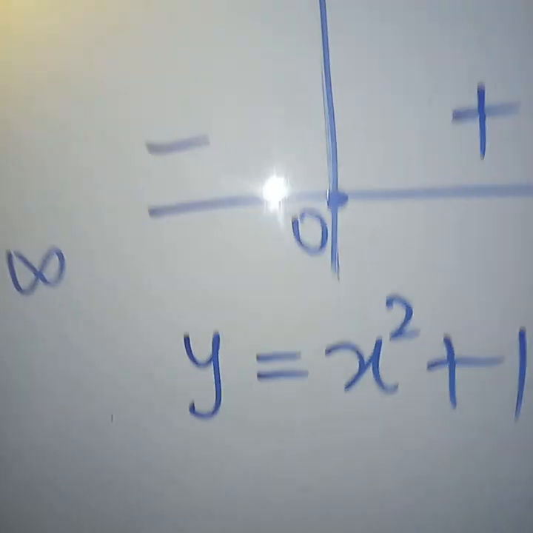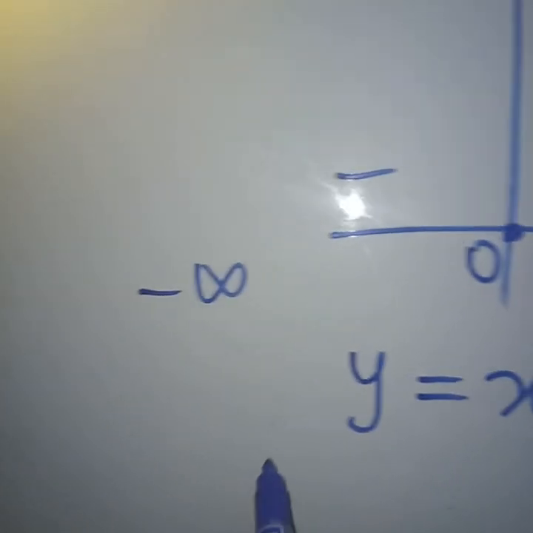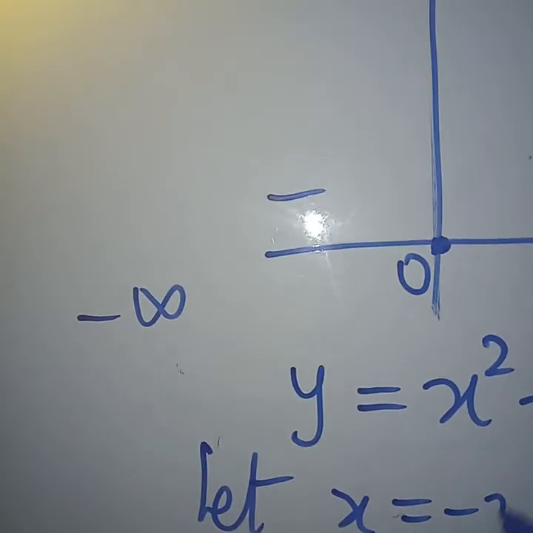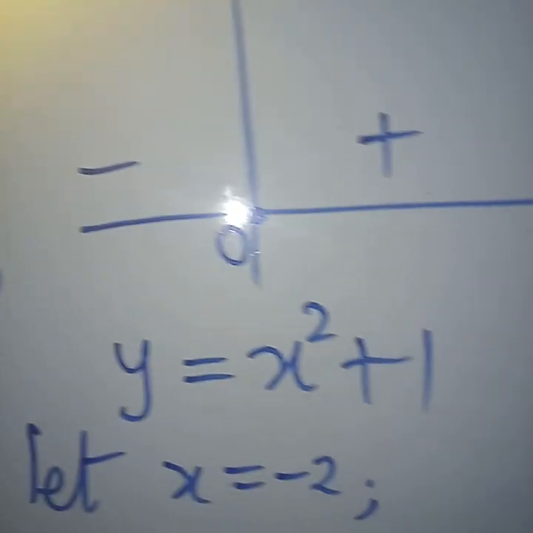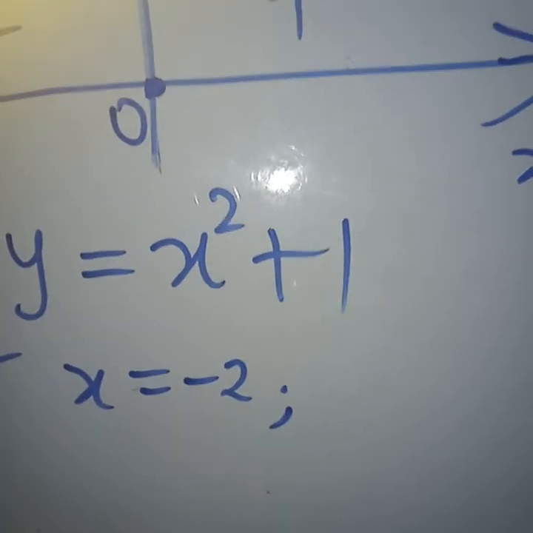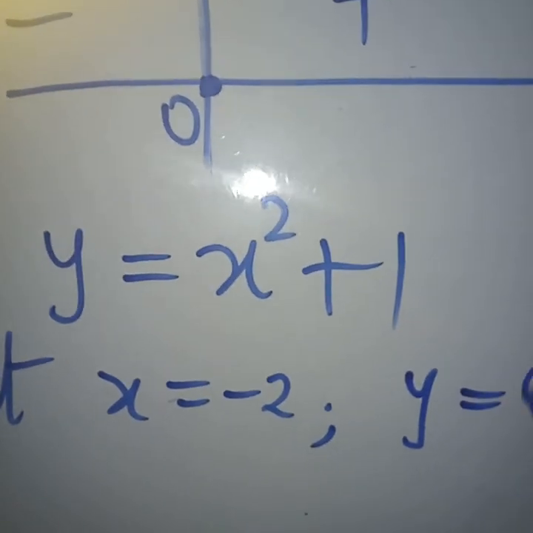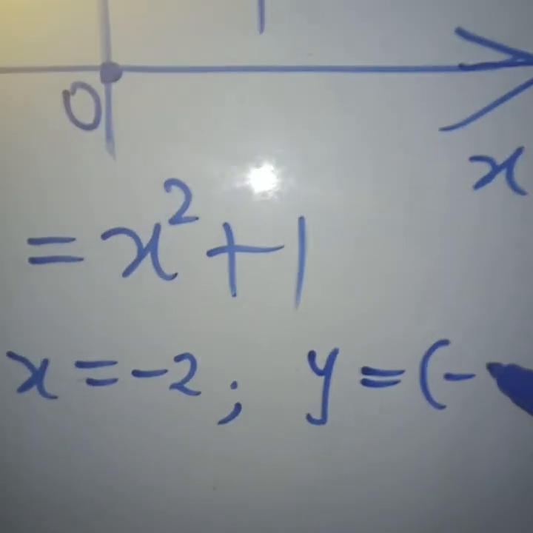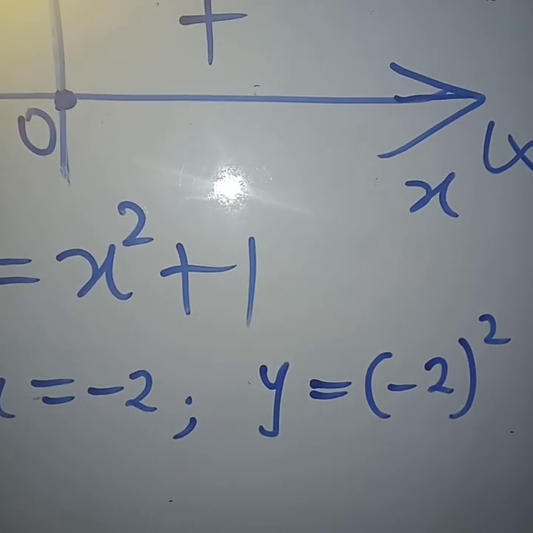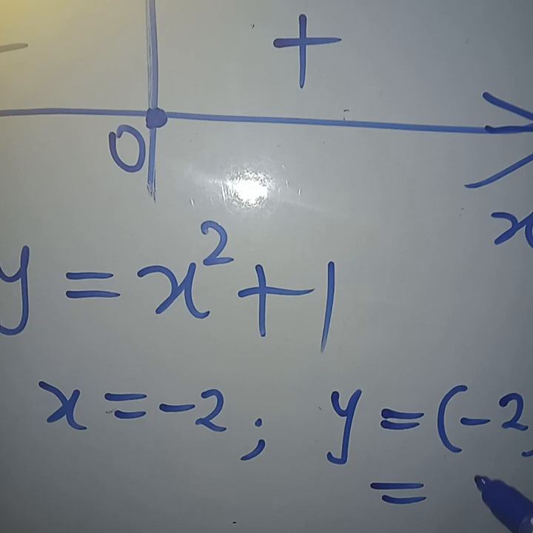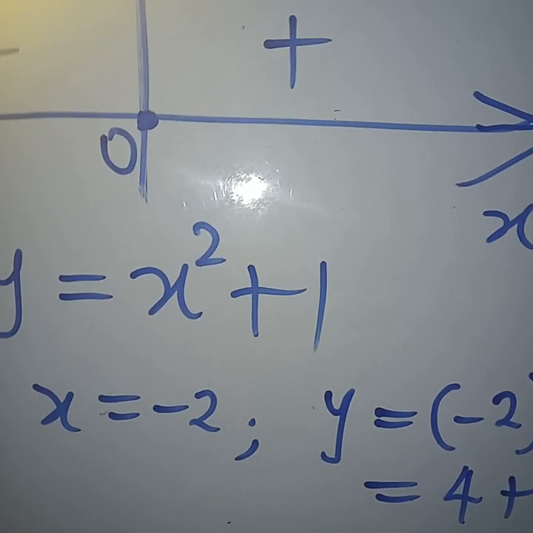Here, let's choose x to be equal to negative 2. So we want to see when x is negative 2, what is y? So y will be negative 2 squared plus 1, and this is equal to 5.